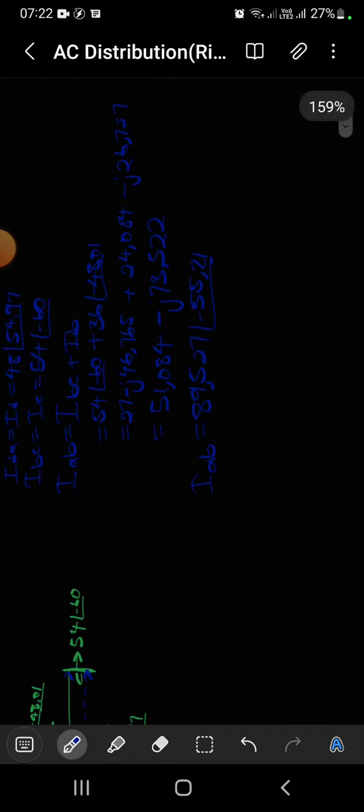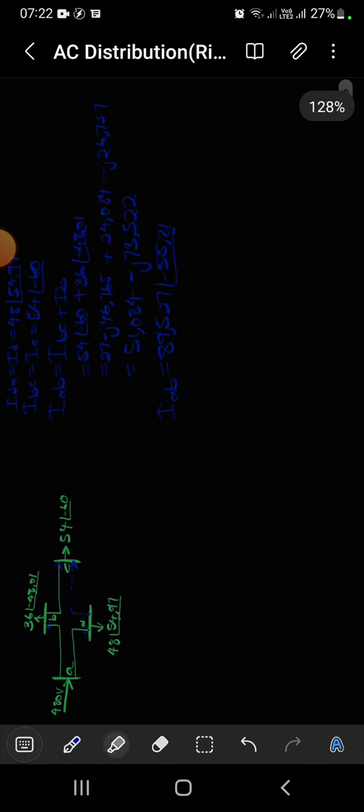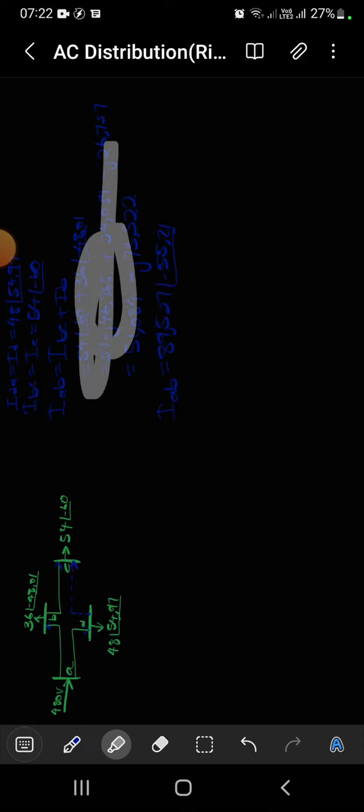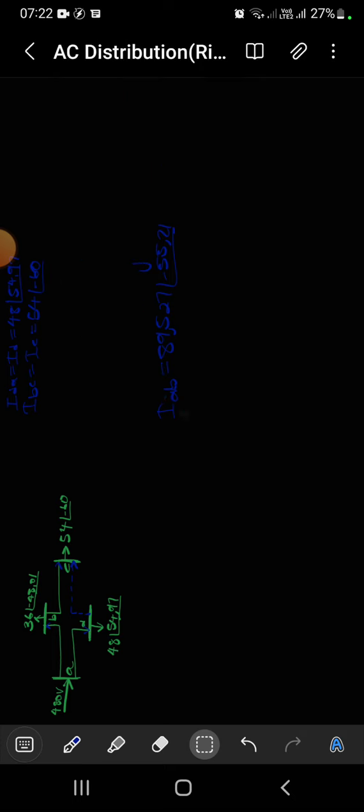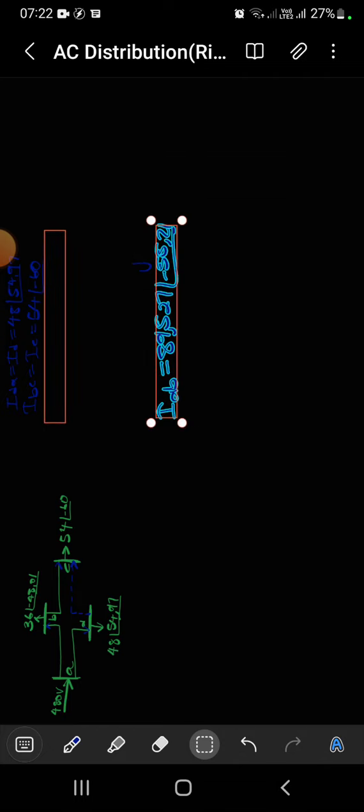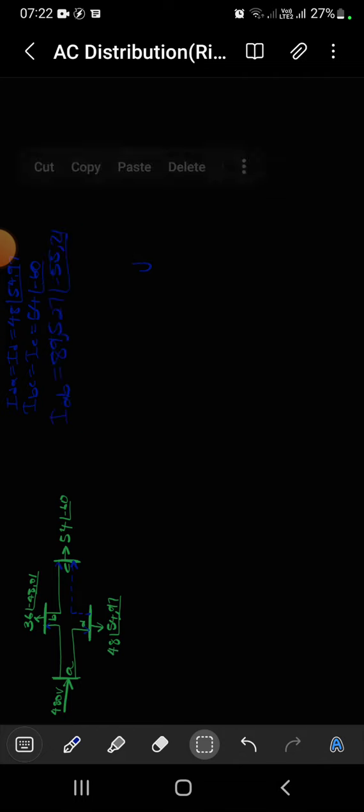So I'm going to remove all this mess and then just put the final value, right? Delete, then put you up there. Cool.